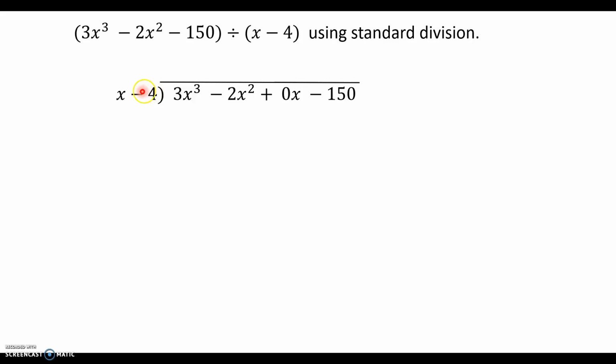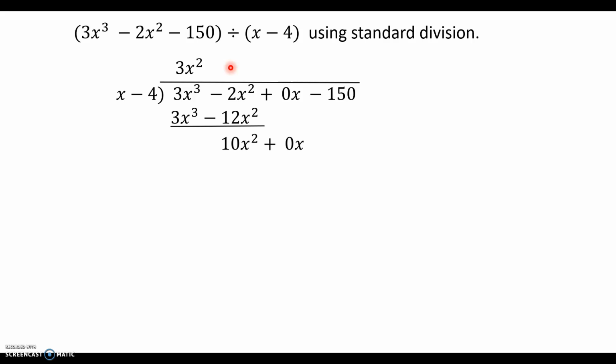If I divide 3x cubed by x, that's going to give me 3x squared. Now I'm going to multiply my binomial by 3x squared, and it gets me this. The next step would be to subtract from the above polynomial.